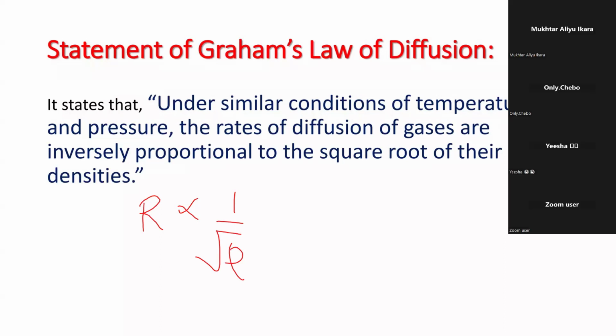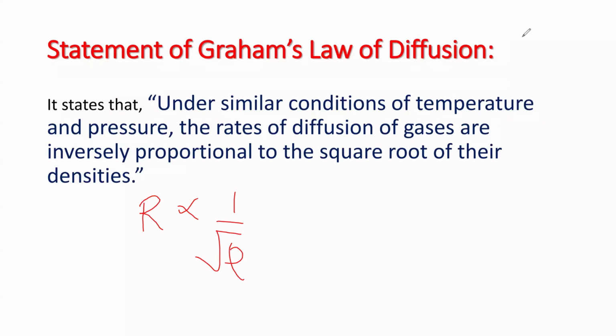And of course, ladies and gentlemen, you should remember whenever we have proportionality, we replace it with a constant. So therefore, now our rate of diffusion is R equals K, which is a constant, all over the square root of the density.